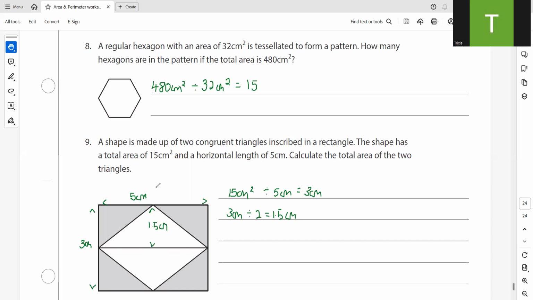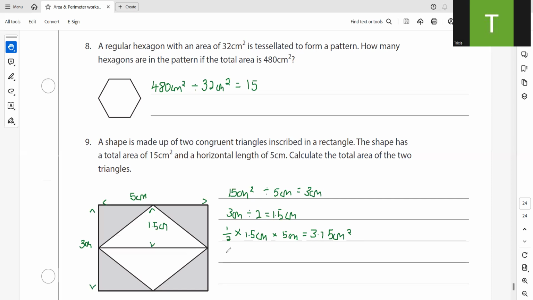So next we'll find the area of one triangle first by using the formula, which is 1/2 times the vertical height, which is 1.5 cm, times the base, which is given in the question, which is 5 cm. And then you will get 3.75 cm squared.